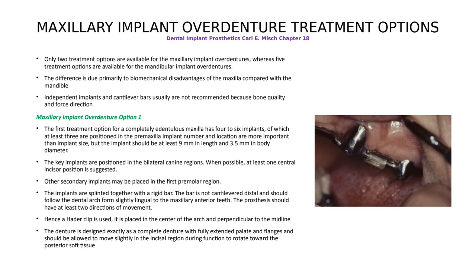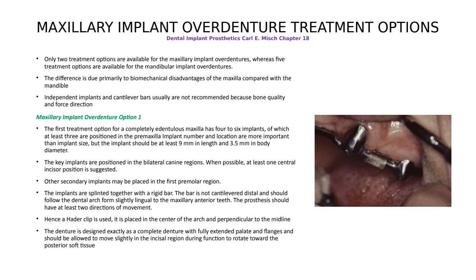For the maxilla, it's very important from the clinical aspect to use an implant that has a good length that allows for the process of integration, and also the width of the implant, because that gives more stability of the prosthesis.